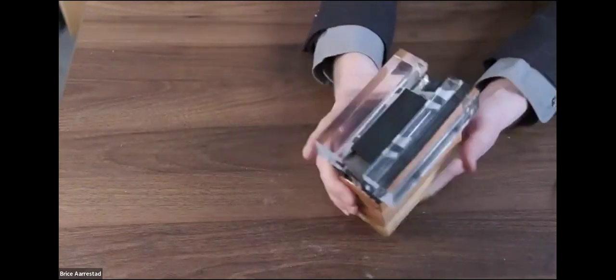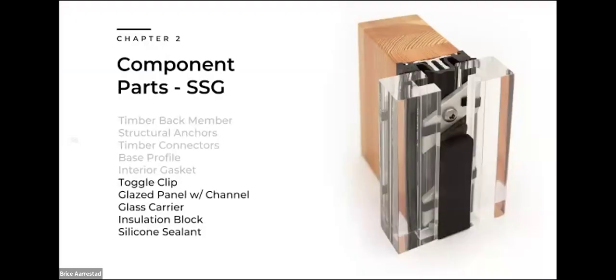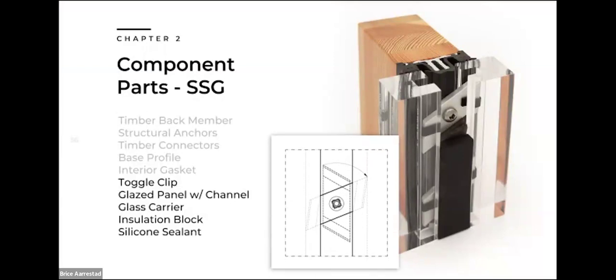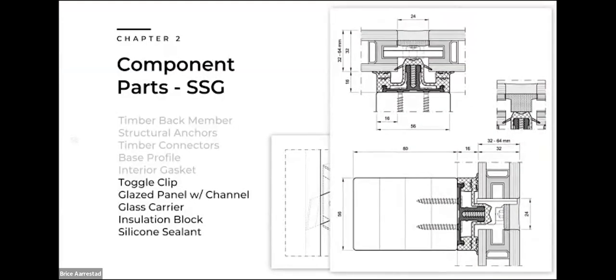A couple more details I'll show you on the slides here. Might be interesting to see. So again, a diagram showing how the component twists into place. Here it is in section.